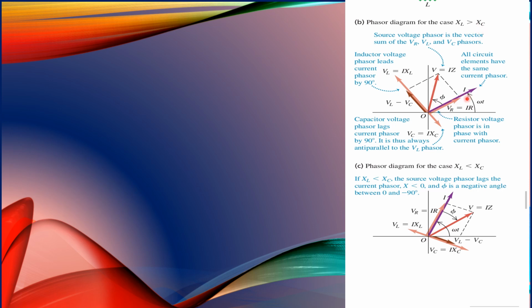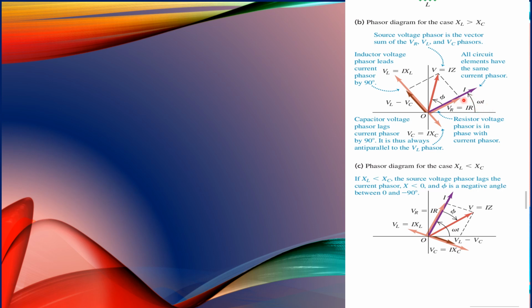So we have here the current phasor, represented by the arrow colored black. This current phasor is understood to be rotating in the counterclockwise direction, forming an angle omega t at this instant.